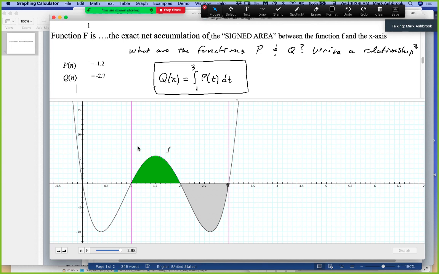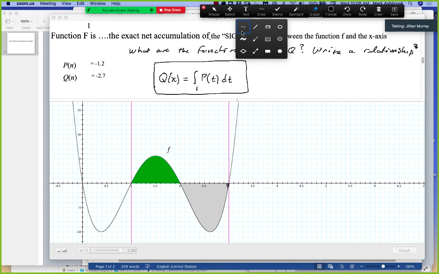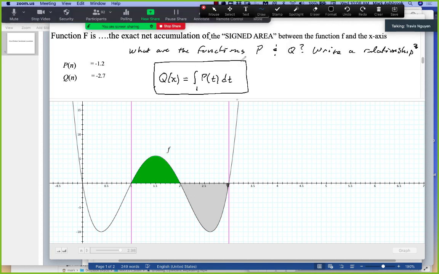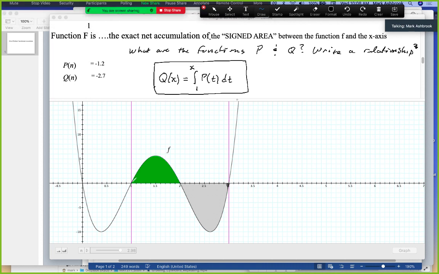But we want the function. We want to get the net accumulation for any value of x. So it's x instead of 3. We start accumulating from 1.